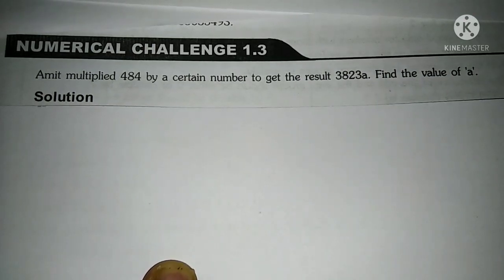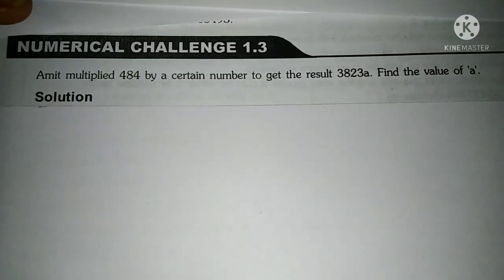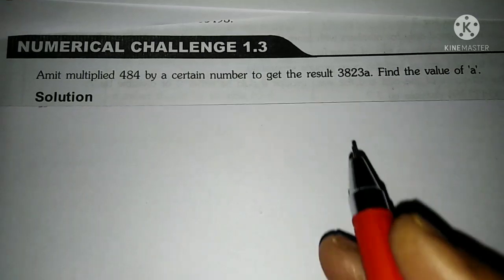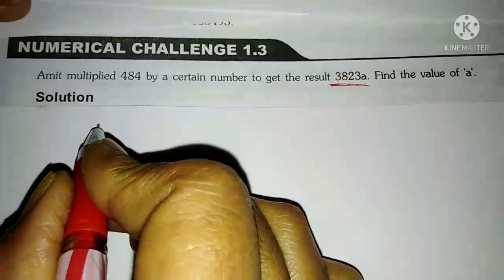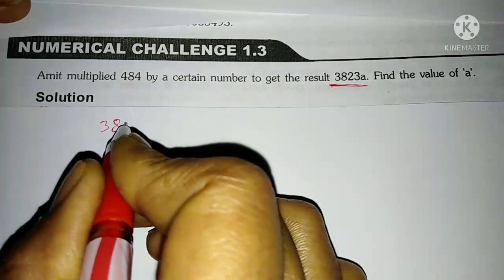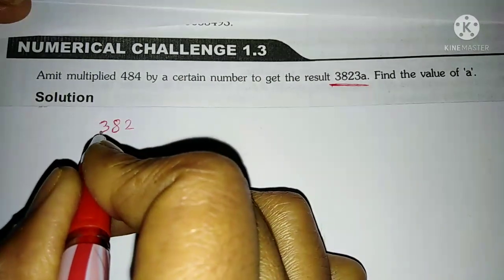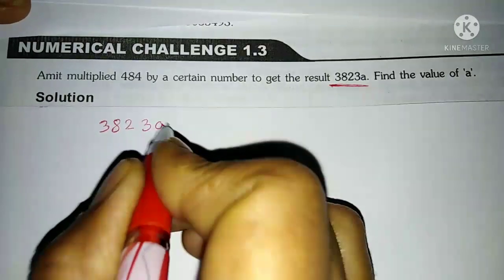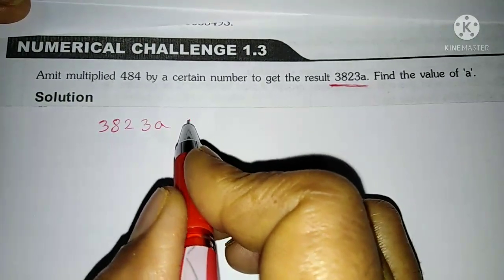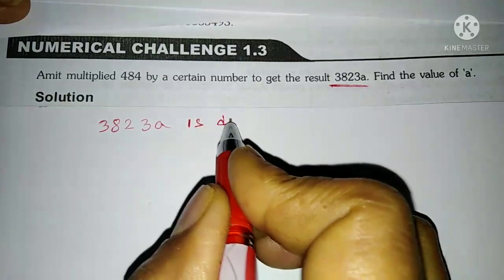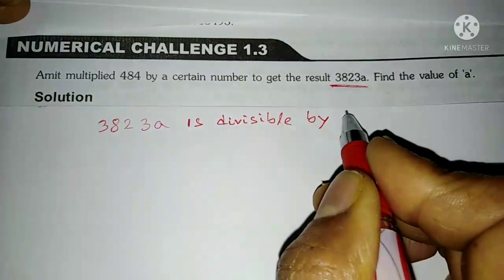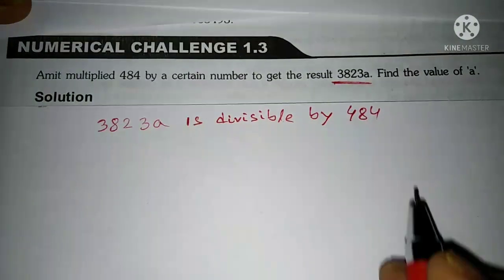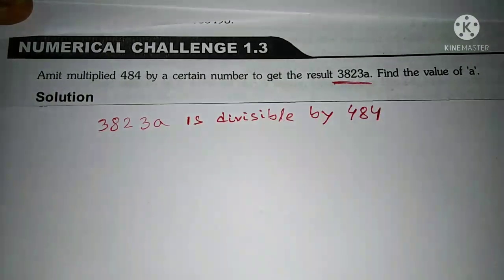Find the value of A. That means the given number, 3823A, is divisible by 484.